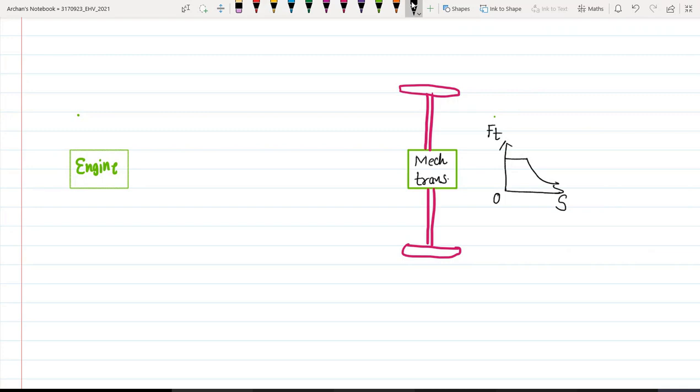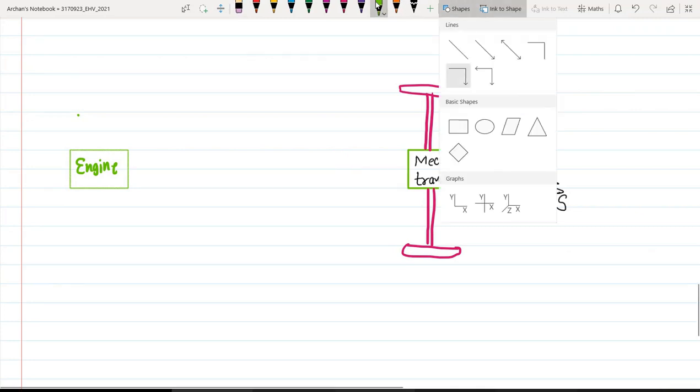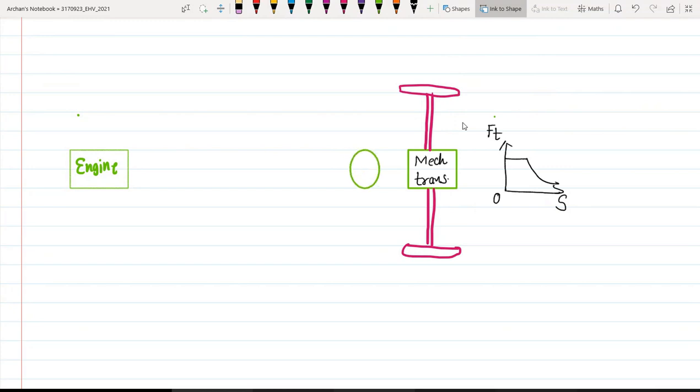So in between we will have some traction motor which is connected to this mechanical transmission, right? So let us have that traction motor over here. This traction motor is mechanically connected to transmission.